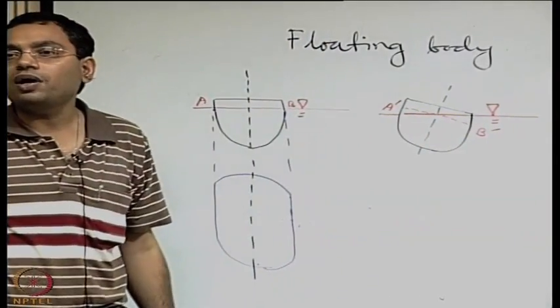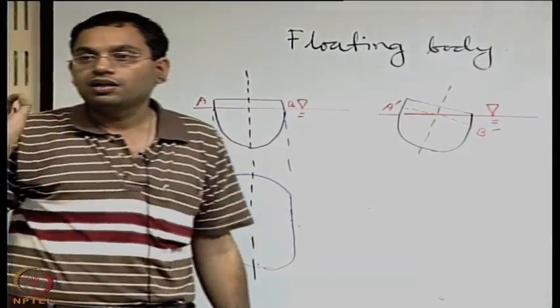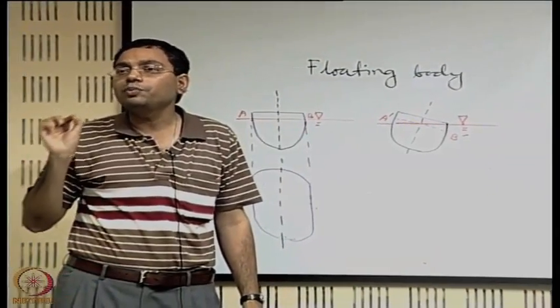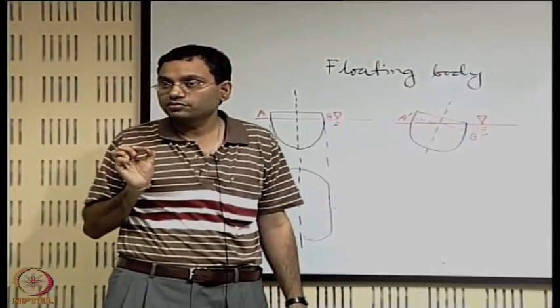So the center of buoyancy cannot be one of the fixed parameters with respect to which we may decide whether it will be stable or not, that is the first thing.